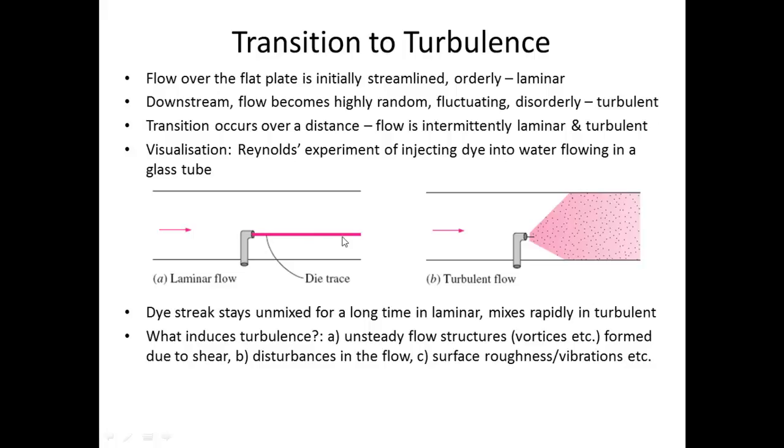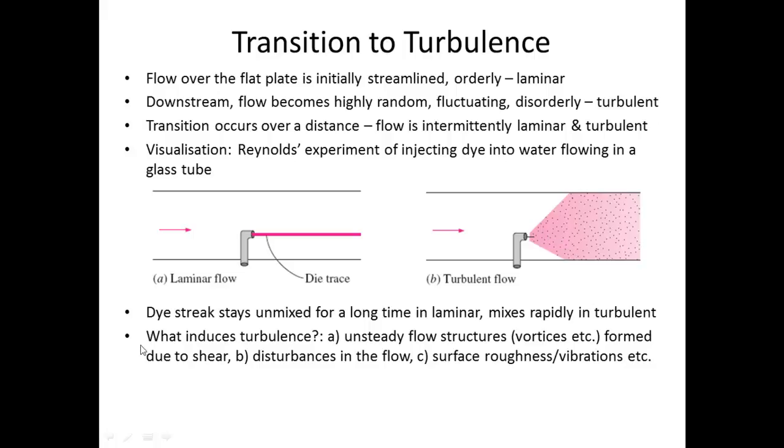It flows parallel to the flow for a very long time before it mixes. But when he increased the flow rate, he found that the mixing is much more rapid, because at some stage with increased flow rate, the flow becomes turbulent, and there is a very rapid mixing which occurs as shown in this diagram, so that the dye does not remain in its original path but gets immediately dispersed within the fluid.